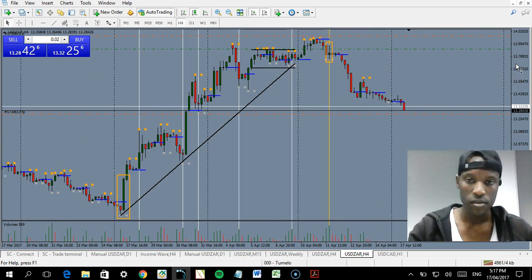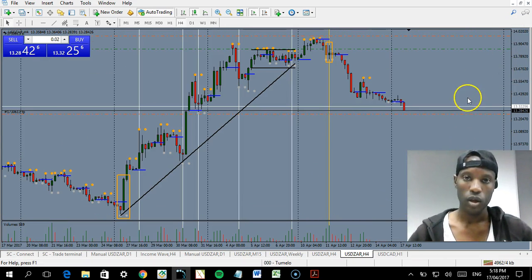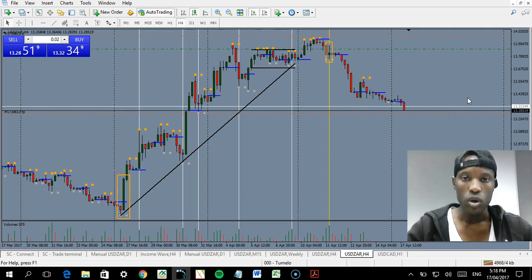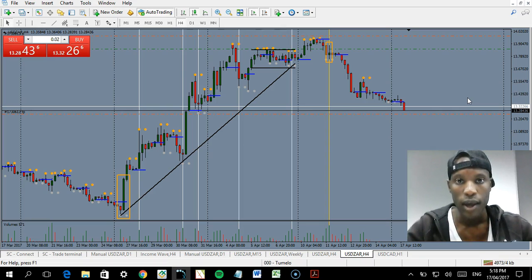So there it is, guys. It's very simple. It's all about the smart money and the smart trader following the smart money. Because as a smart trader, you want to see what the banks are doing, for the simple fact that whatever the banks are doing, the smart trader wants to do and follow as well.